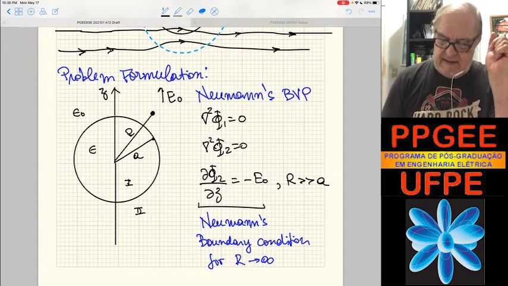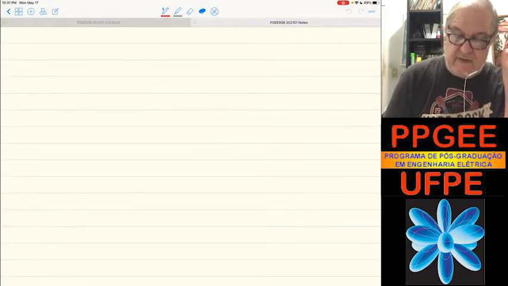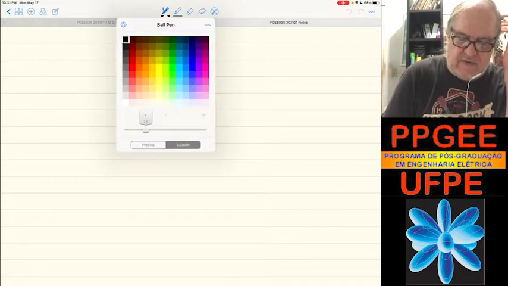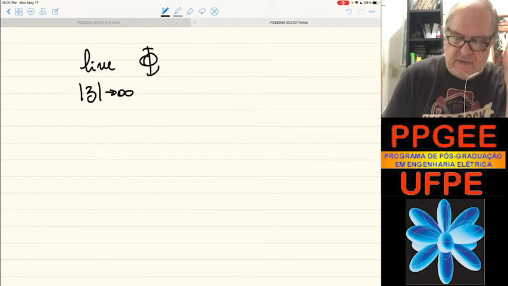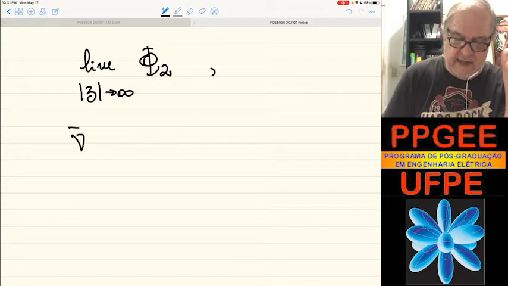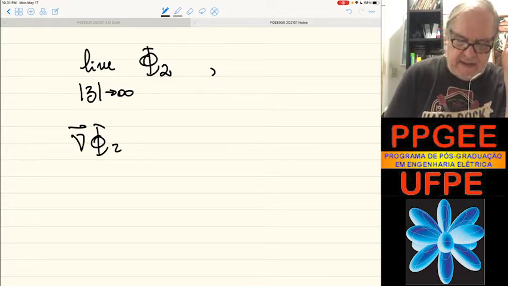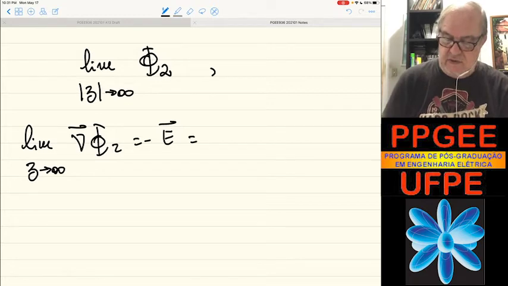And you can, so the limit of the potential as the magnitude of z goes to infinity of phi 2 has to be such that the gradient of phi 2 in the limit, which equals minus E, equals minus E0 a_z.